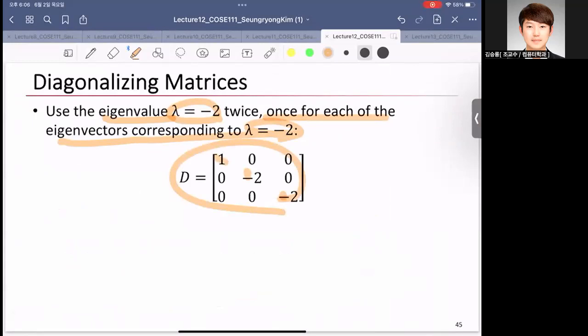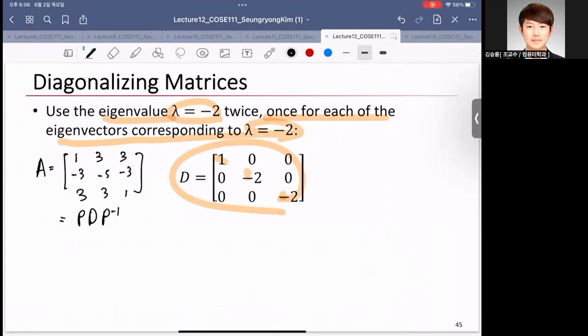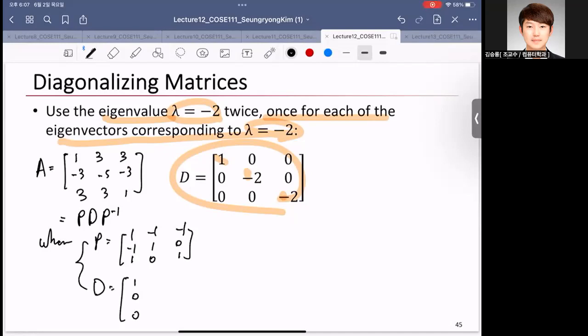Right? So if your matrix A is 1, 3, 3, negative 3, negative 5, negative 3, 3, 3, 1, you can factorize this as P D P inverse, where P is 1, negative 1, 1, negative 1, 1, 0, negative 1, 0, 1, and D is 1, 0, 0, 0, negative 2, 0, 0, 0, negative 2.